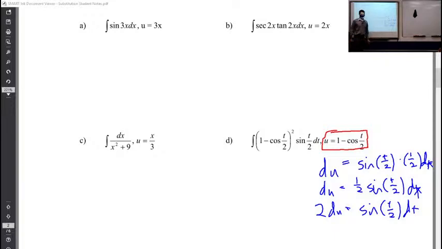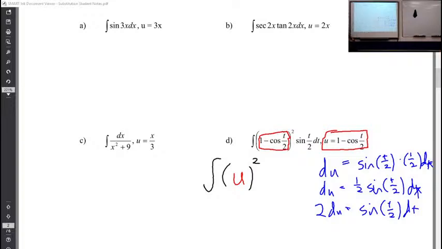So now here's where the process gets easier. Instead of 1 minus cosine of t over 2 that we're squaring, instead we are just squaring u.